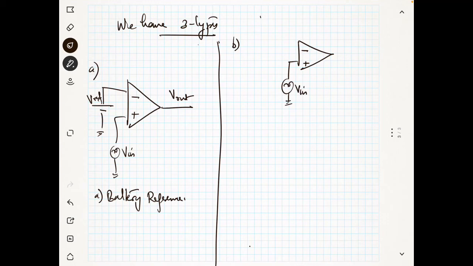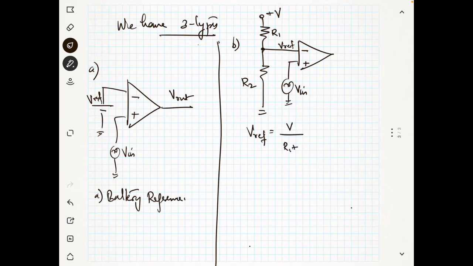Now you will be using a plus V volt and some resistances R1 and R2, and by using voltage division you will be applying it here, and this is your V reference. What is your V reference here? V reference is equal to V divided by R1 plus R2, multiplied by R2. By changing R1 and R2, you can fix any reference that you want.